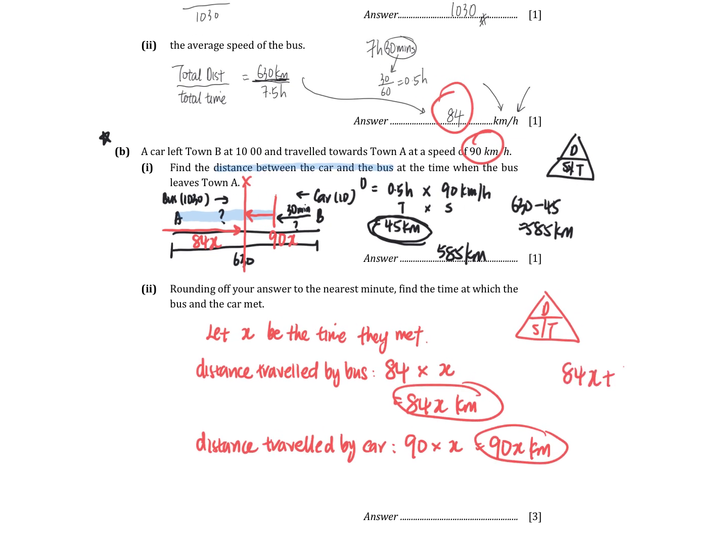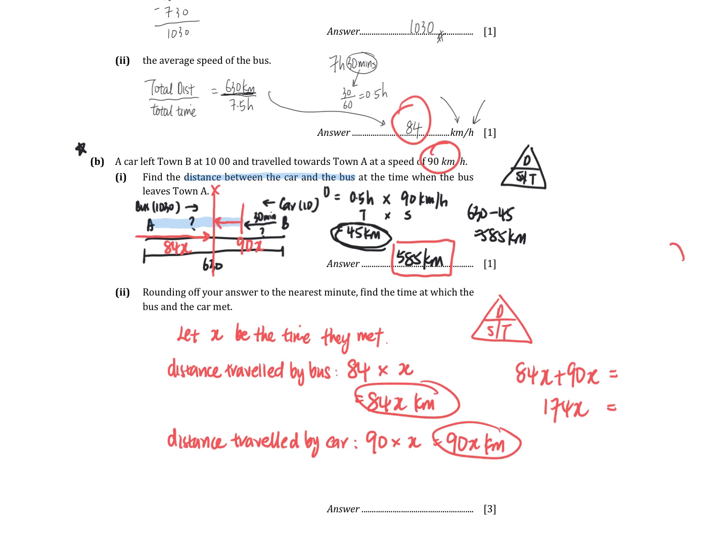Other than they add up to 174x, they should be equal to what distance? This one. Because the car was already here, and then the distance between them was already left with 585.